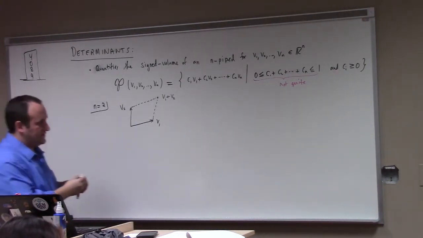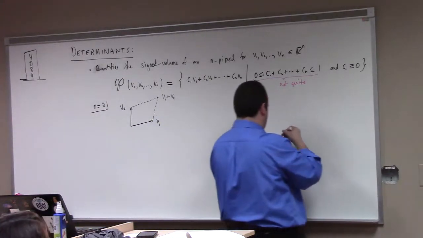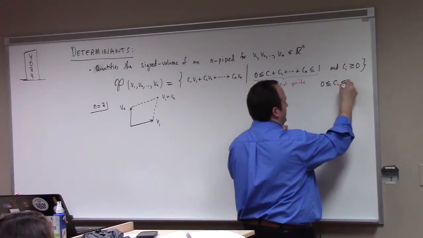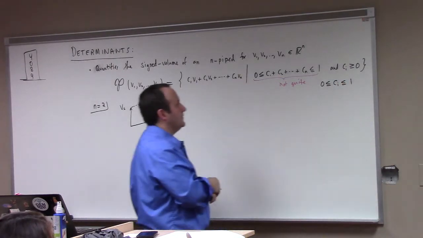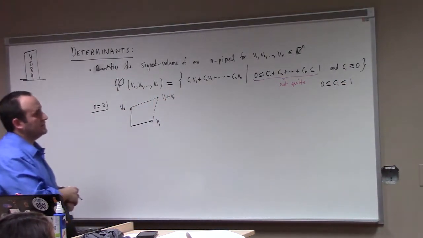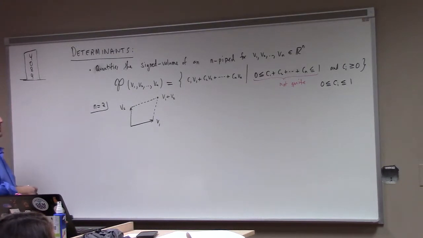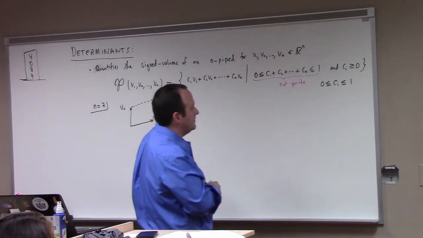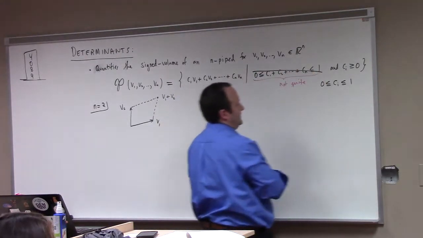Well, I do think that's, yeah, I do want that: 0 less than or equal to Ci less than or equal to 1. I think that's all I want, just 0 to 1 for each one. So let's just say that.